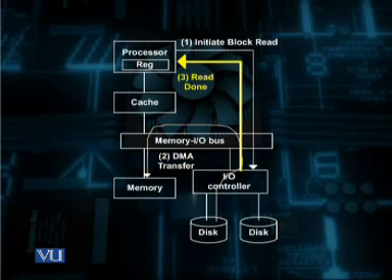Whereas the third step is to complete the read operation, and at this stage the I/O controller signals the completion. It interrupts the processor and the operating system resumes the suspended processes. So this way a page fault is completely serviced.